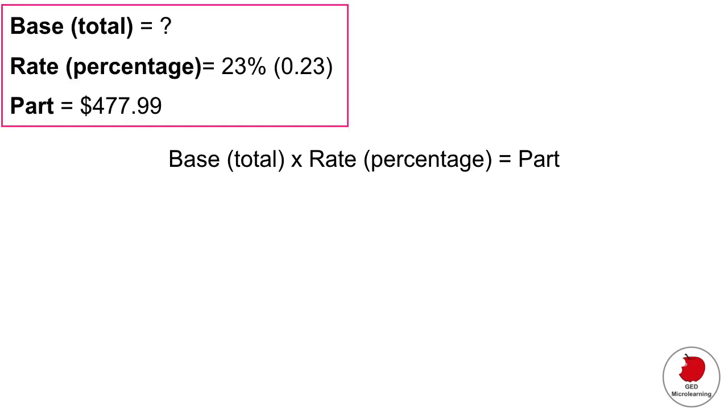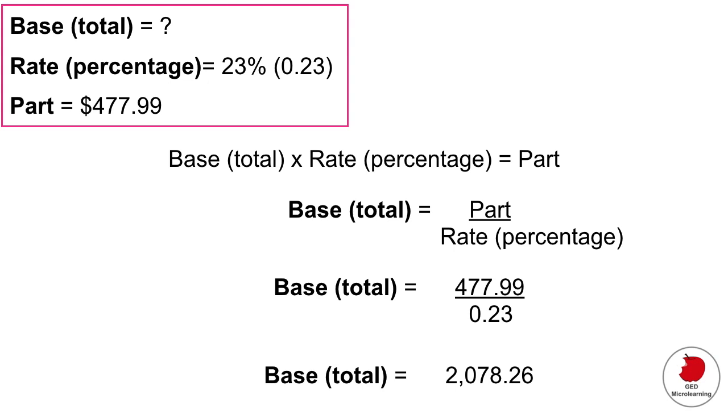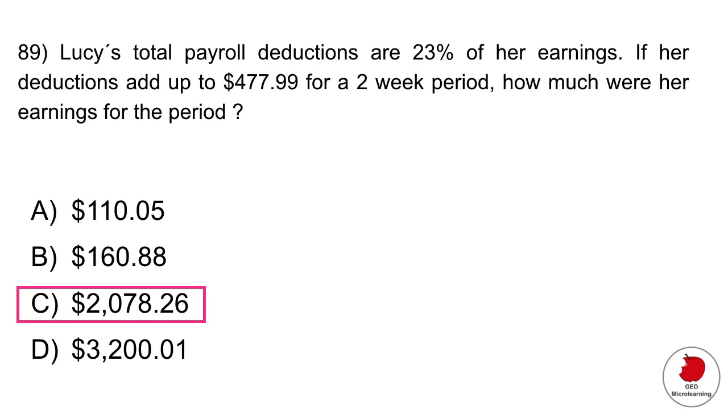So what you're going to do is simply solve for the base or the total, and you would rearrange the equation like this. And all you have to do is now plug in these numbers that you have there on the top right, and that gives you that the base total that she earned was $2,078.26. Okay, which is option C.